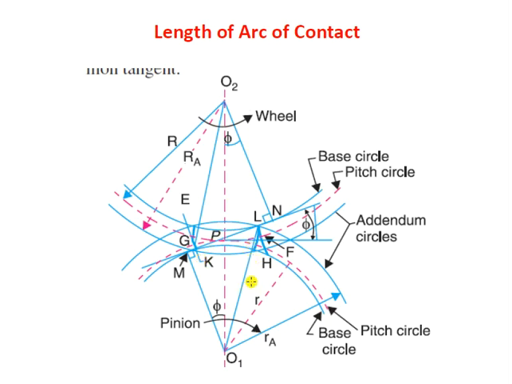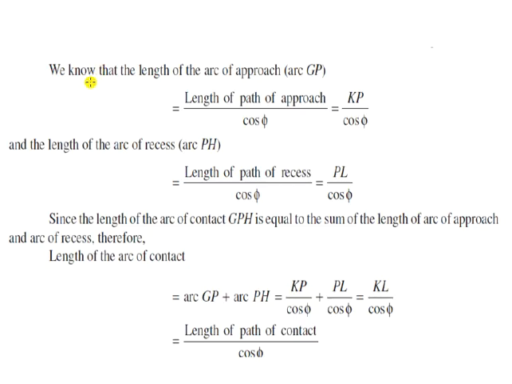Like the path of contact, here also we have two parts, arc of approach and arc of recess. Let's see how we calculate the length of arc of approach. The length of arc of approach GP is the length of path of approach divided by cos phi, so KP by cos phi.